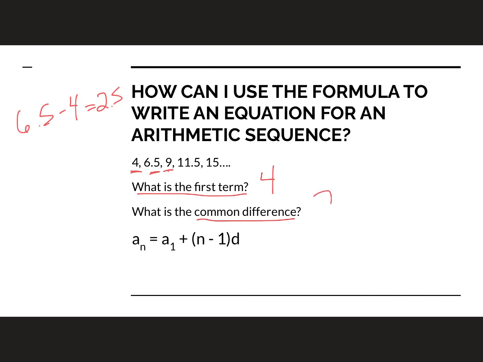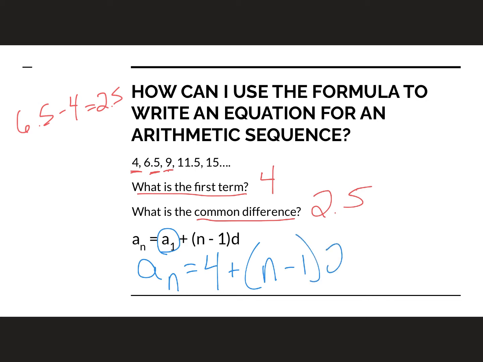So my common difference is 2.5. So when we're writing this, we have a sub n equals a sub 1, our first term, so we'll put the 4 there, plus n minus 1, that doesn't change, times 2.5.